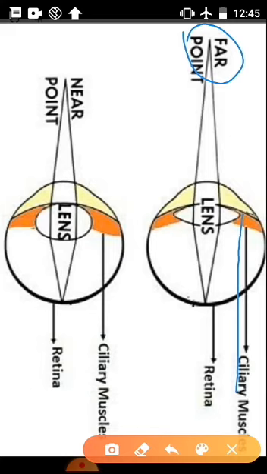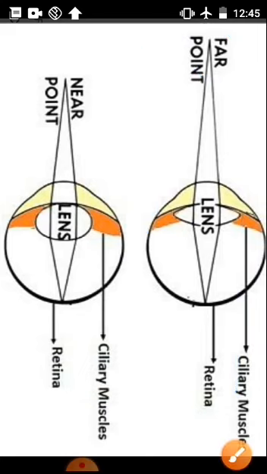When the ciliary muscles relax, the focal length of the eye lens is increased. Only then are we able to see the distant object clearly.